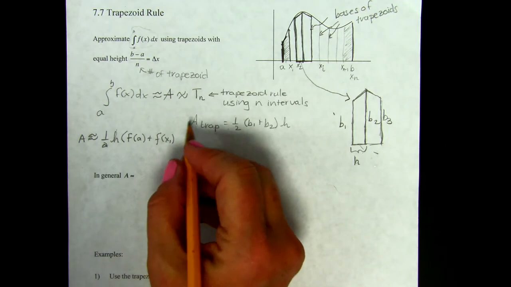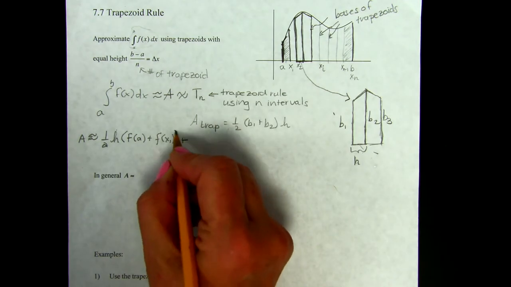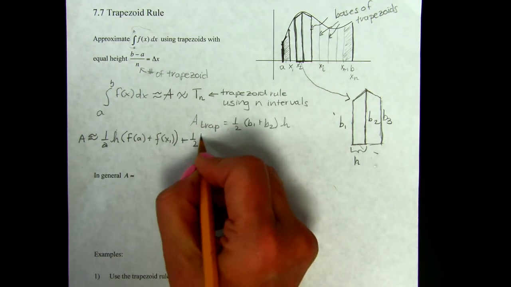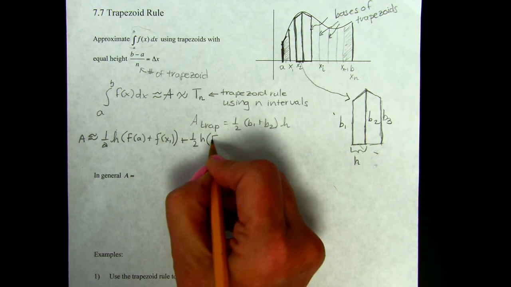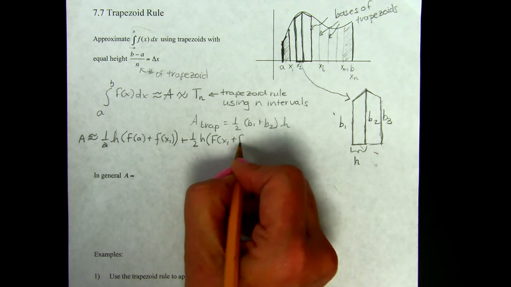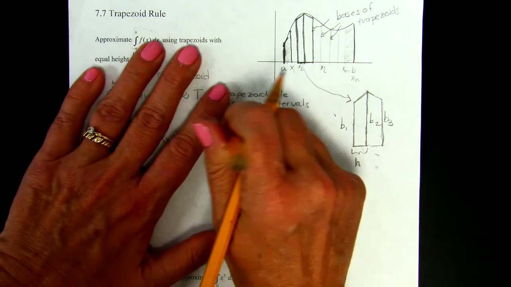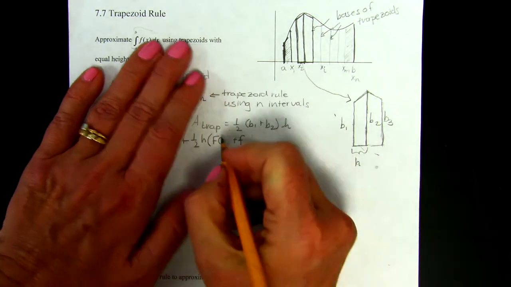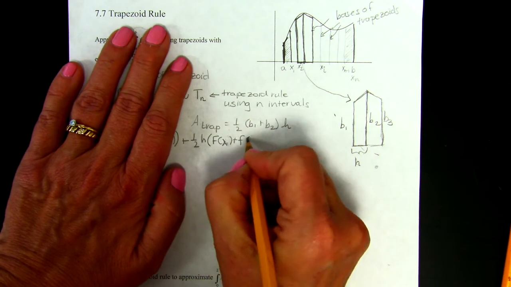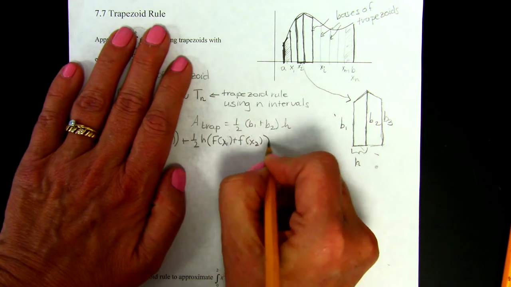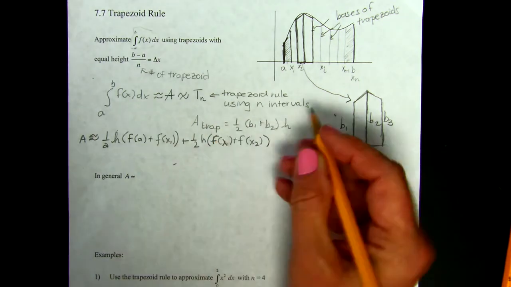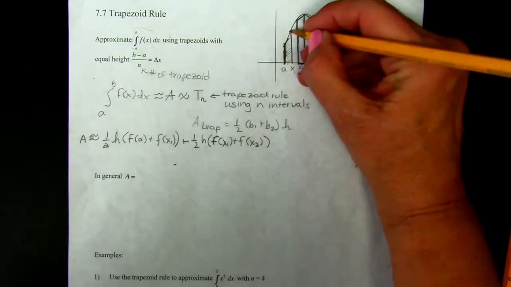Now the trapezoid next to that is going to have an area of 1/2 h times f of x sub 1 plus f of x sub 2. Okay? Because that's how long these pieces are.